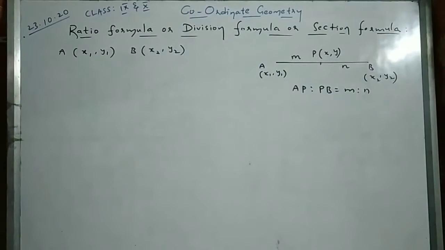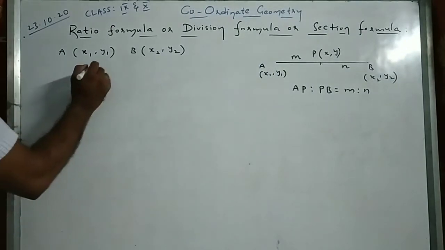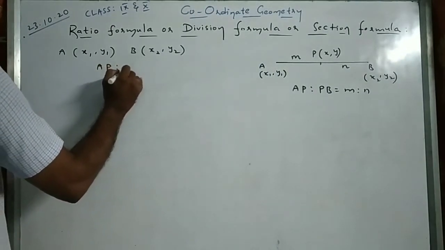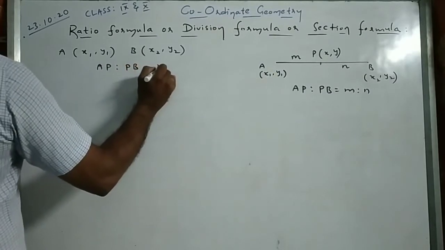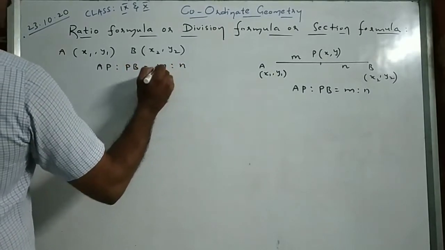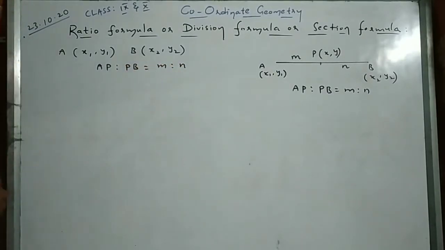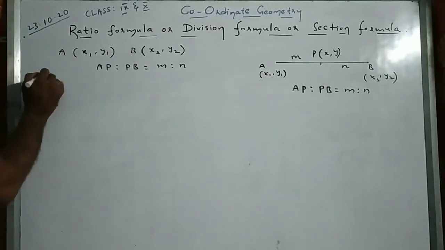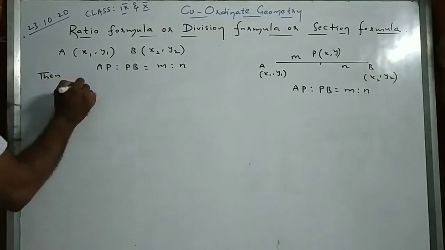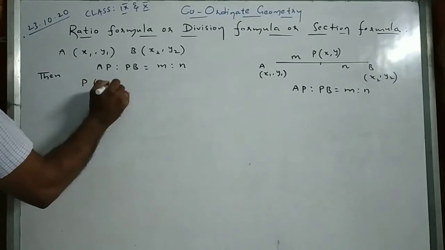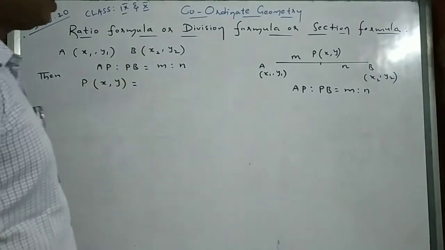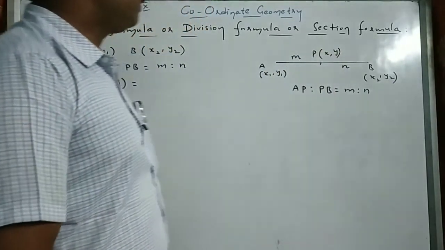We will be giving 2 points and the ratio AP is to PB equal to m is to n. That is the ratio. Then we can find the coordinates of P of x comma y. That is division point or section point.